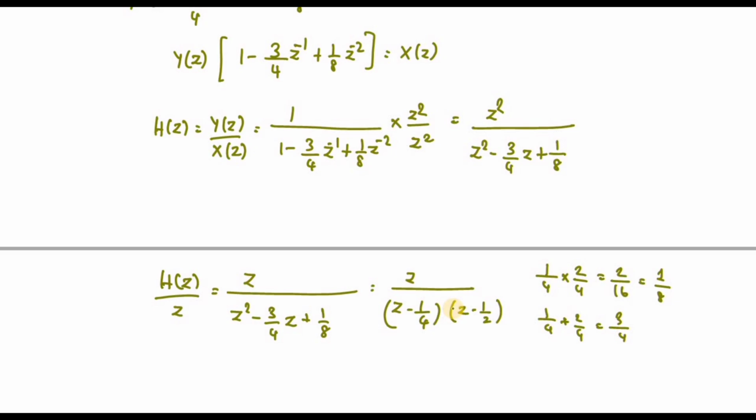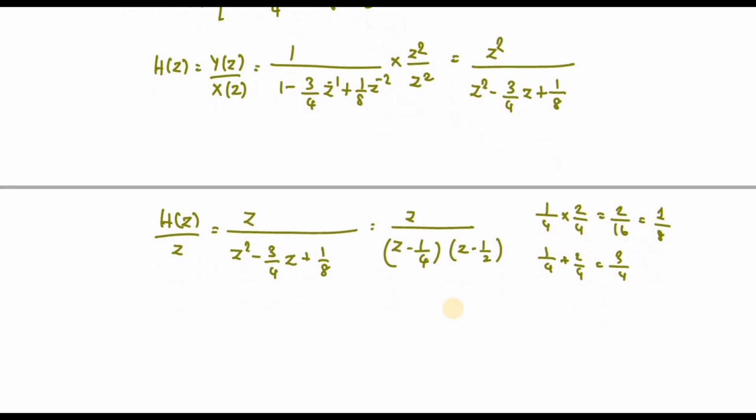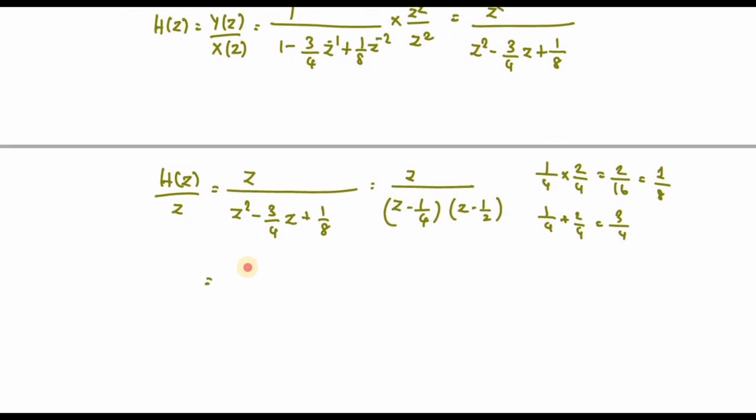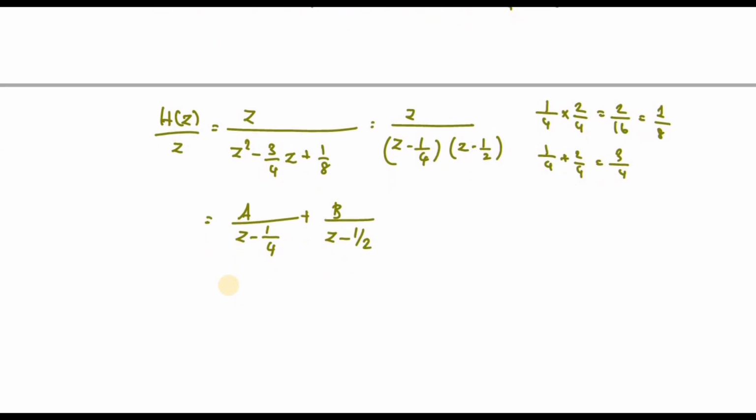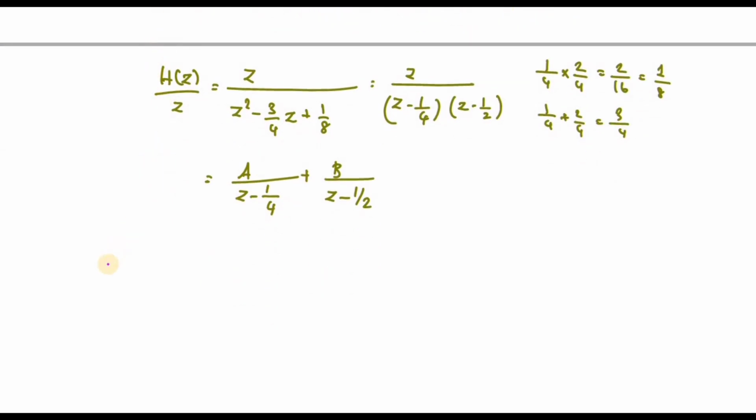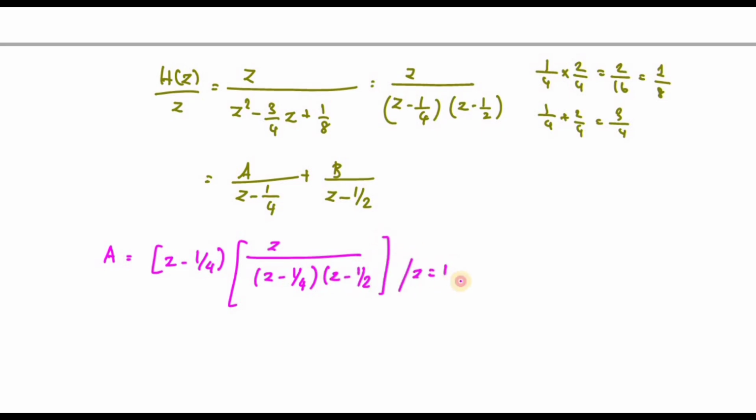After that I can take the partial fraction, right? So this is equal to A divided by z minus 1/4 plus B divided by z minus 1/2. To find the value of A, you have to multiply by z minus 1/4 into the whole term, z divided by z minus 1/4 into z minus 1/2, and take z equal to 1/4.